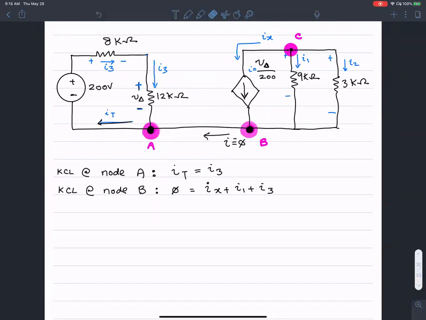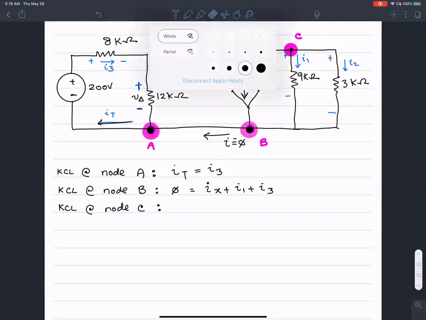And I can set up a KCL at node C. What's the expression for KCL at node C? The same thing. Let's see, something's wrong. This is supposed to be I2, isn't it?